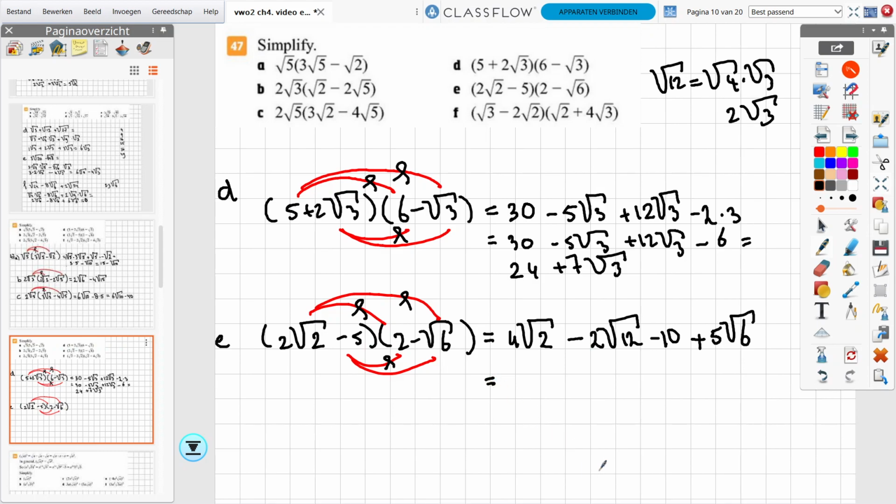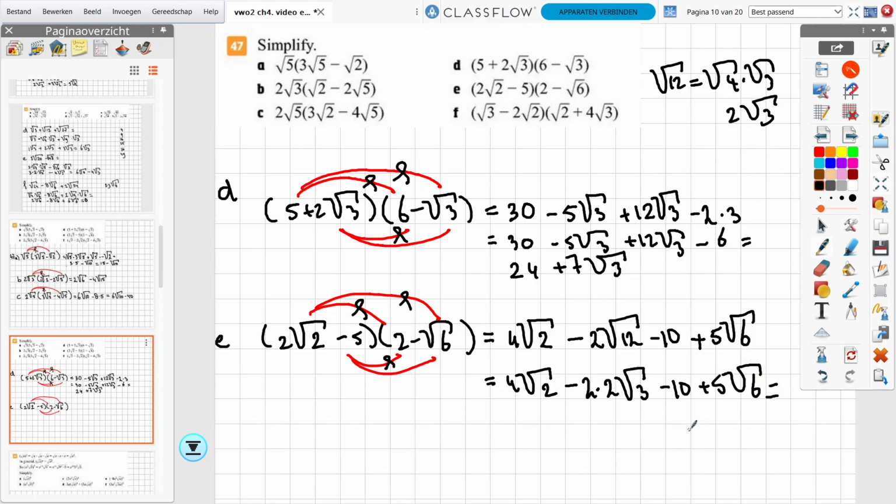So the final answer here is 4 root 2 minus, and remember there's a 2 here in front as well, so we have 2 times 2 root 3, because root 12 is 2 root 3, but I have 2 root 12, so 2 times 2 root 3, minus 10 plus 5 root 6, jeez.